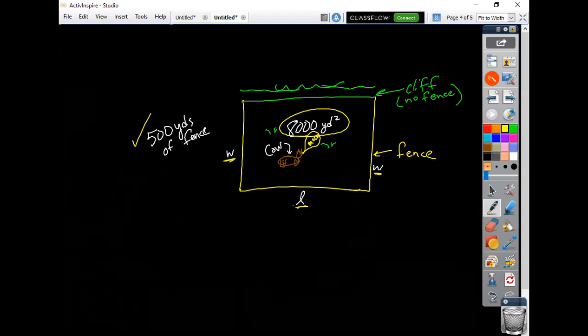Well, what do we know here from the information they gave us? How many W's do we have? 2 of them, plus 1 length. And how much fence do we have to use? 500. And then what about the area that the rancher wanted? So the length times the width is your area, right? So 8,000.